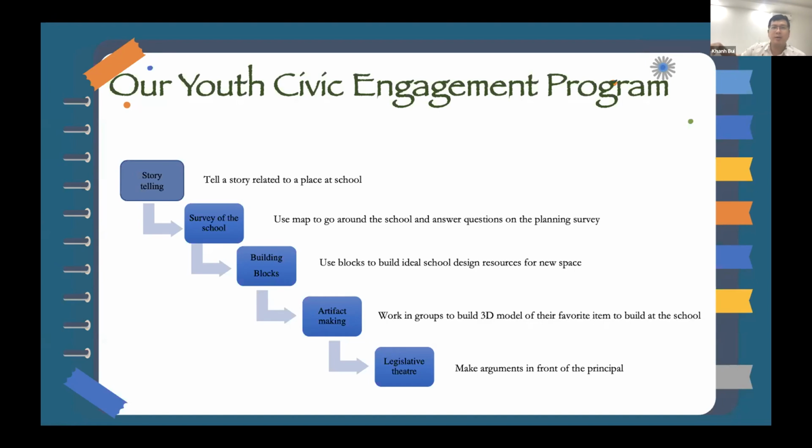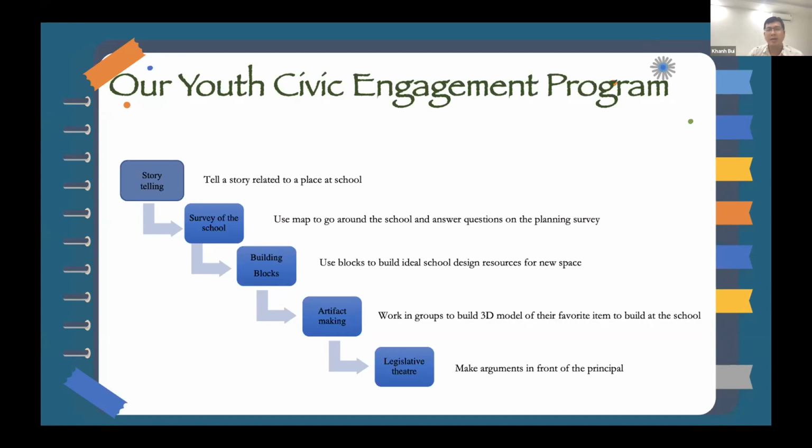For example, they can learn about the school around them and what they need to look at when they survey around the school. After they survey the school, we come to the next phase, where the students do building blocks. That means after they survey the school, they see what they need to improve, and then they work together in their groups to build their ideal school using wooden blocks.